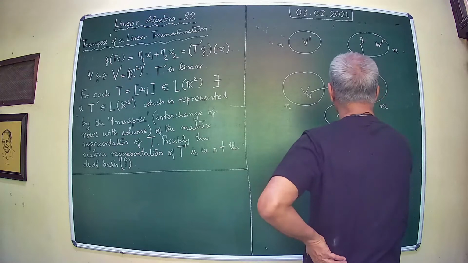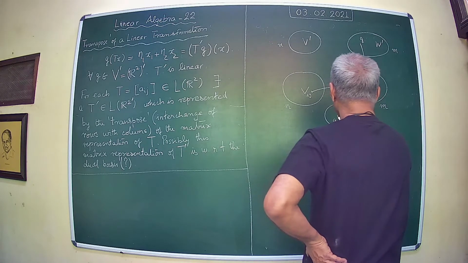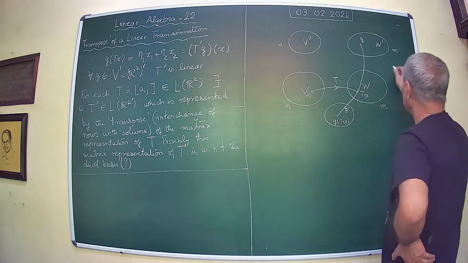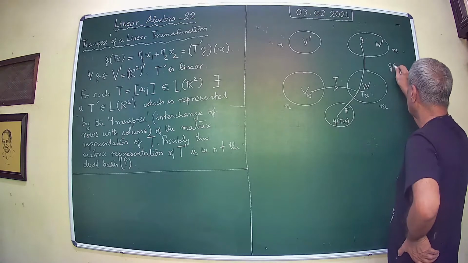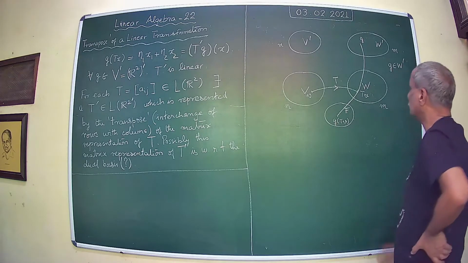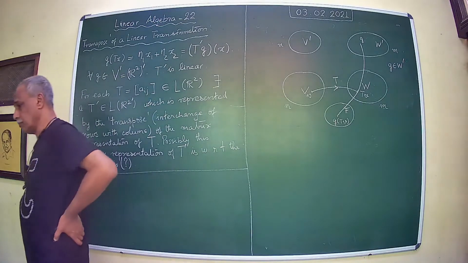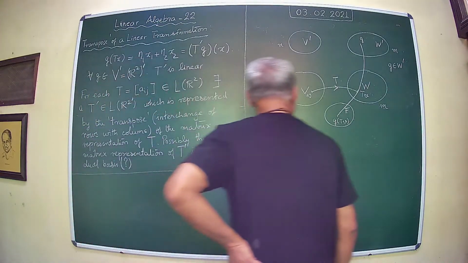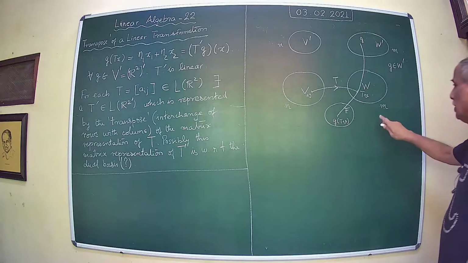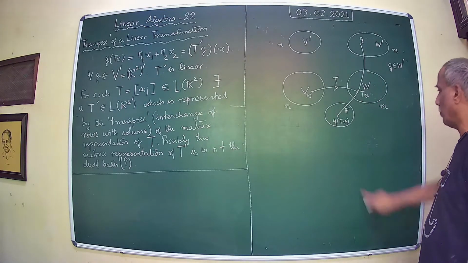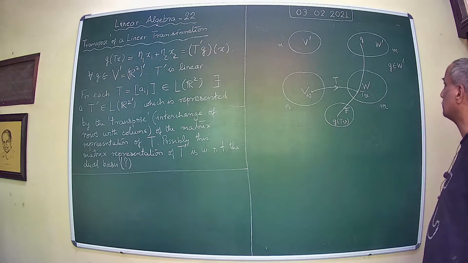What is that? g is a linear functional over W, therefore it can legitimately act over Tv or carry Tv to a scalar here. And all operations are linear here.